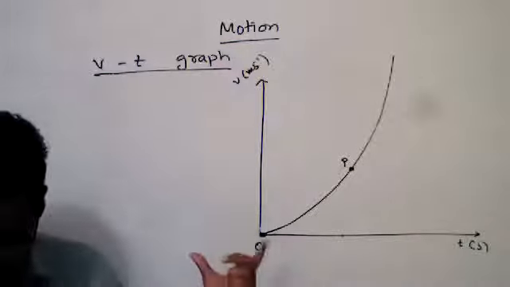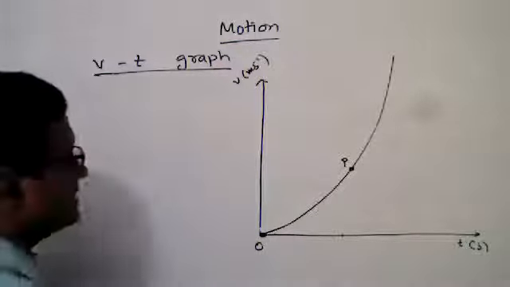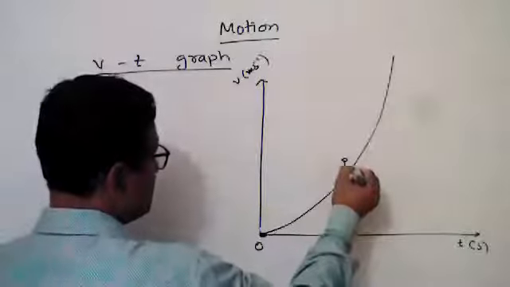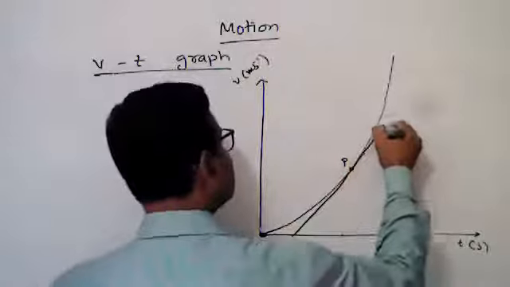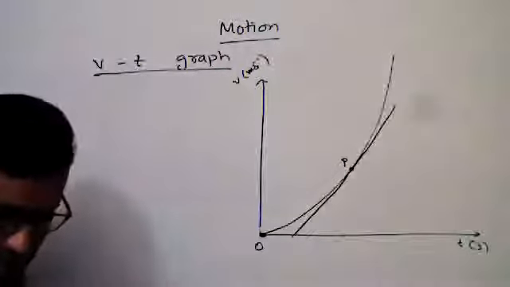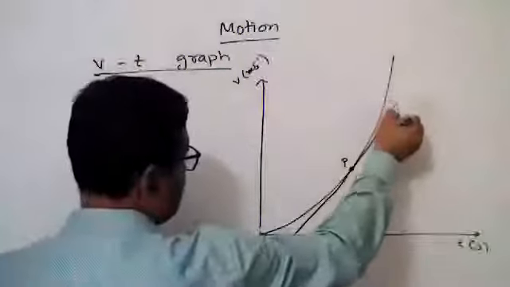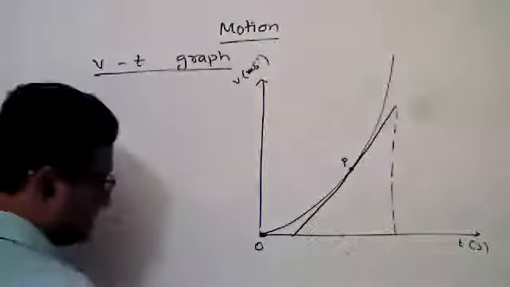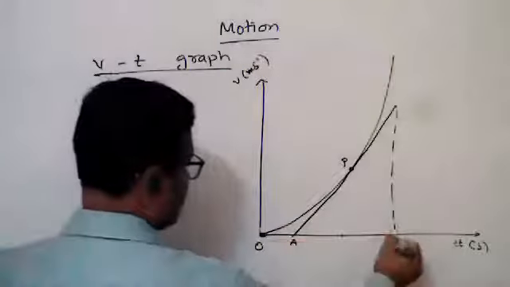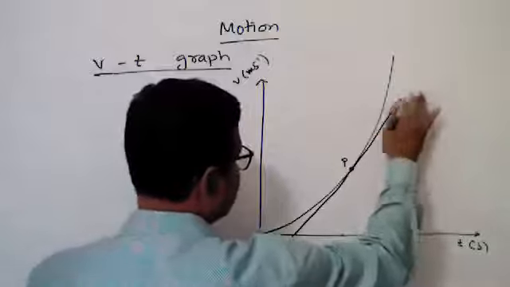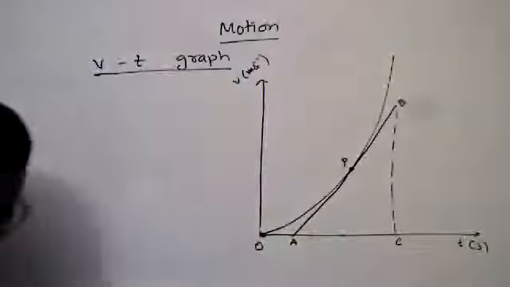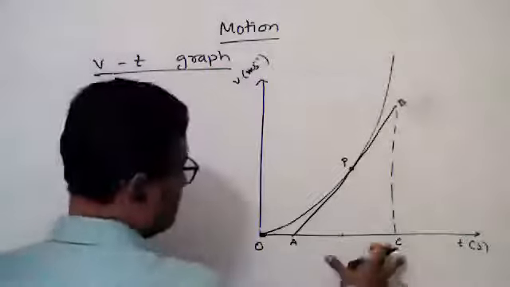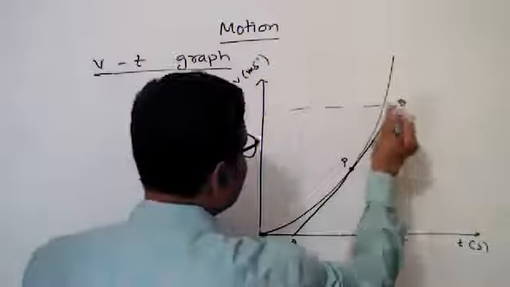You can draw a tangent at point P, and draw a perpendicular or normal along the x-axis. Suppose this is A, this is B, and this is C. So this is the change of time and this is the change of velocity.